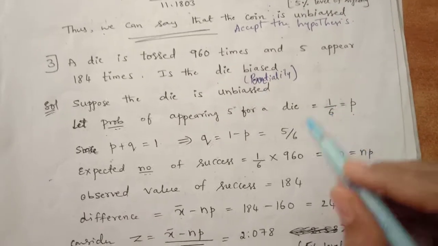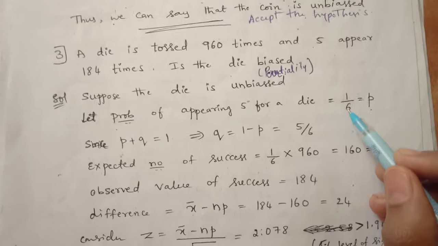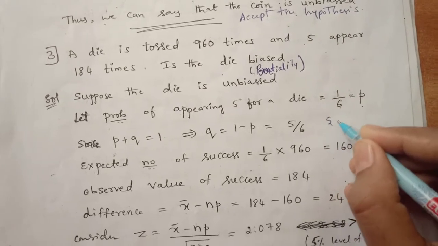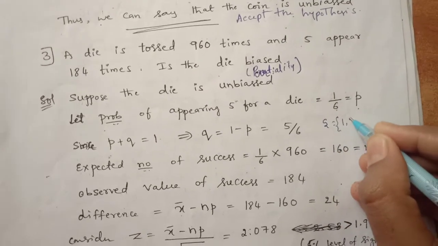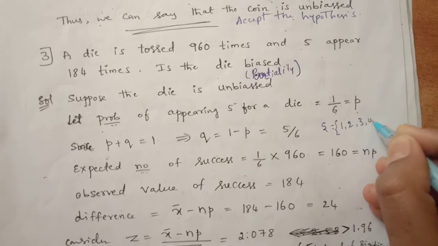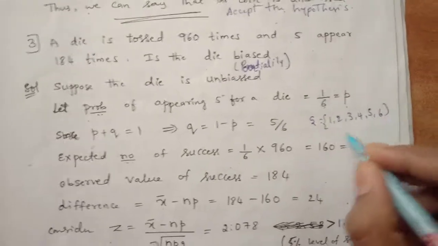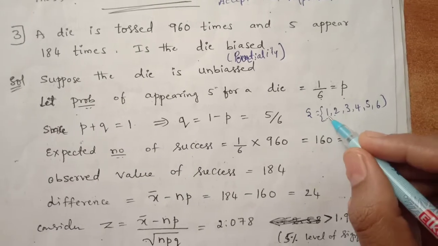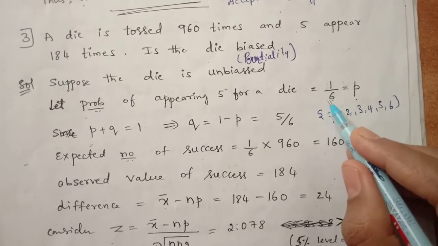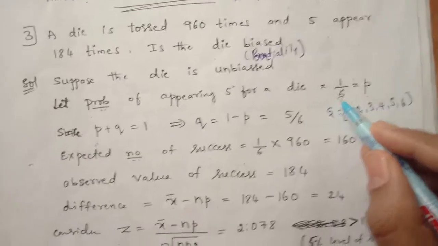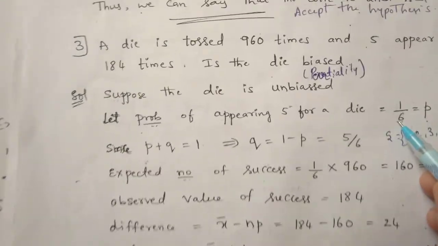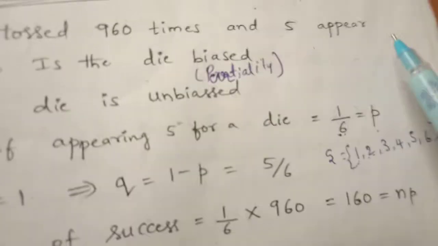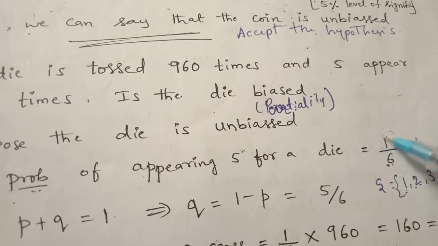If you throw a die, the sample space is 1, 2, 3, 4, 5, 6. You can get any number if you throw a die. So the number of possible cases is 6. The denominator is always the number of possible cases, and the numerator is the number of favorable cases. The number of favorable cases means 1.